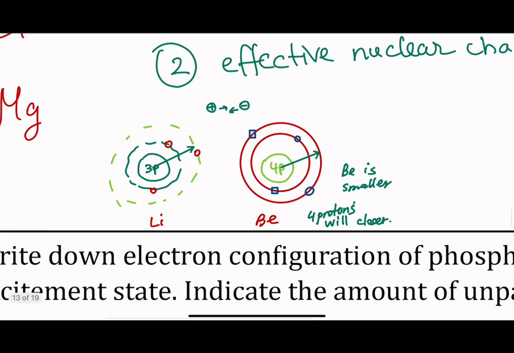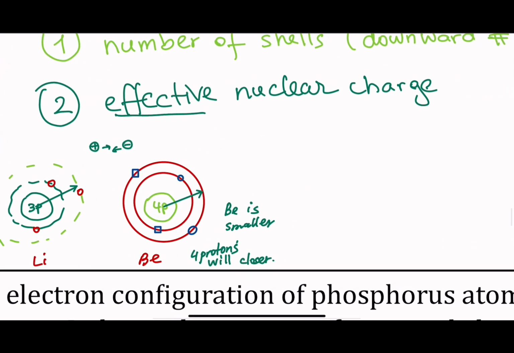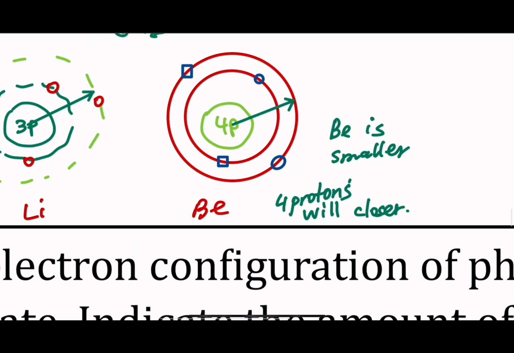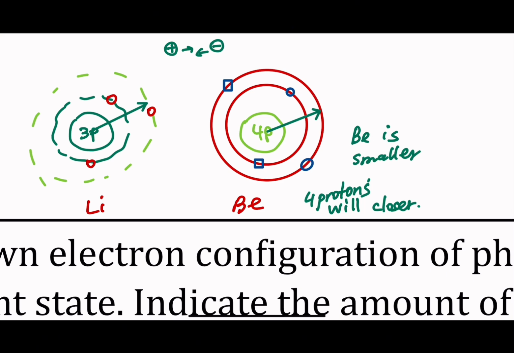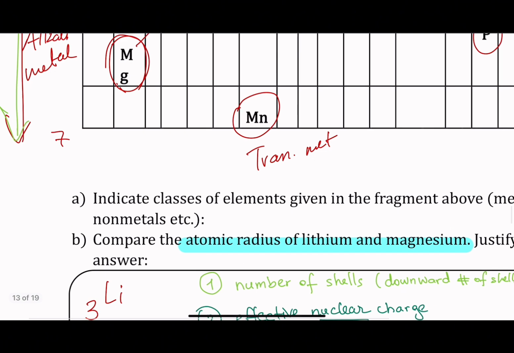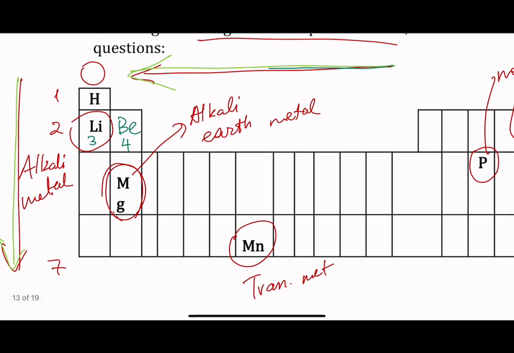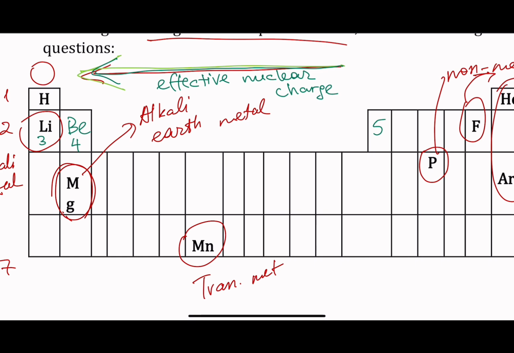That's why the atomic radius for beryllium is smaller, okay? And we call that effective nuclear charge, meaning the more protons I have in the nucleus, the smaller my atomic radius will become. And we know that as we go towards the left, effective nuclear charge decreases because we have fewer protons on the left side, right? Because it's increasing towards the right side.